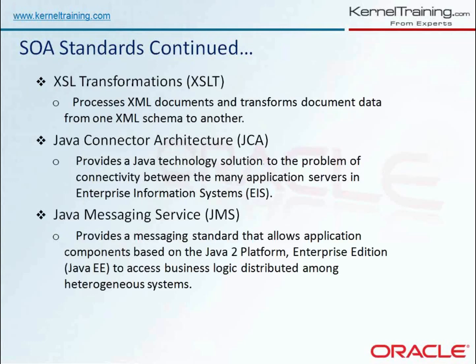The third thing is XSL transformation. As I told you, say you have an integration where you want to integrate a Java service with a .NET service. They have different input parameters and different structures because they are different languages.